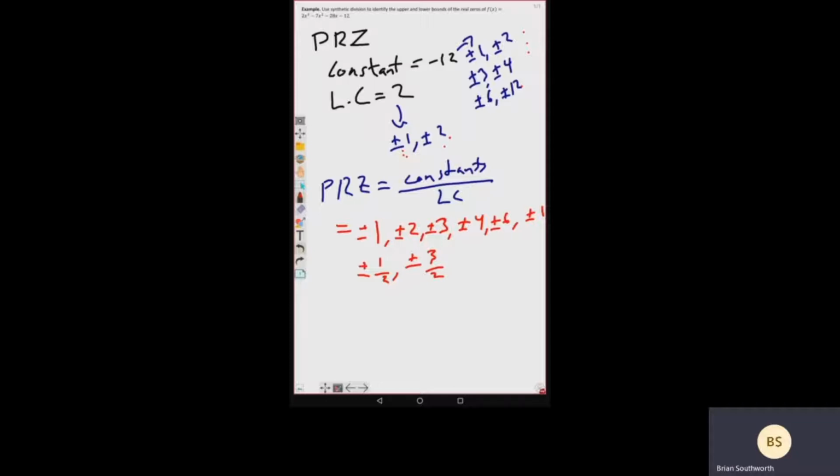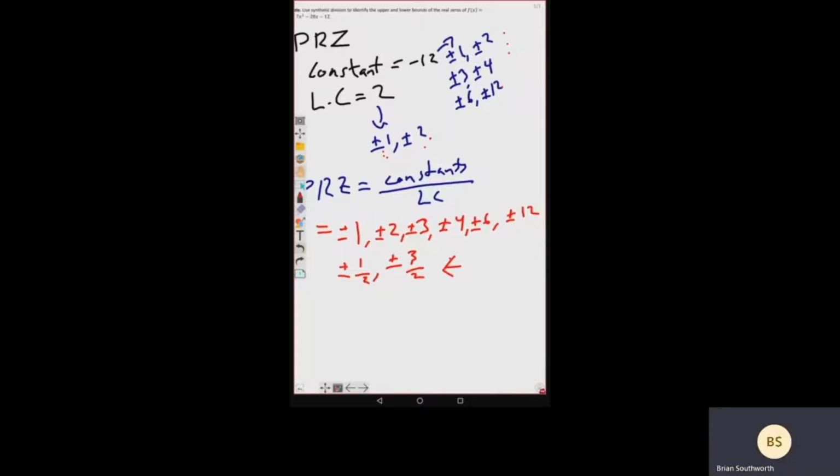These right here are all the possible zeros. We look at it. Each plus or minus gives you 2.